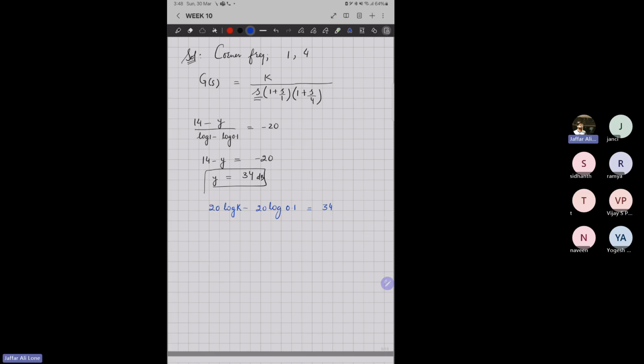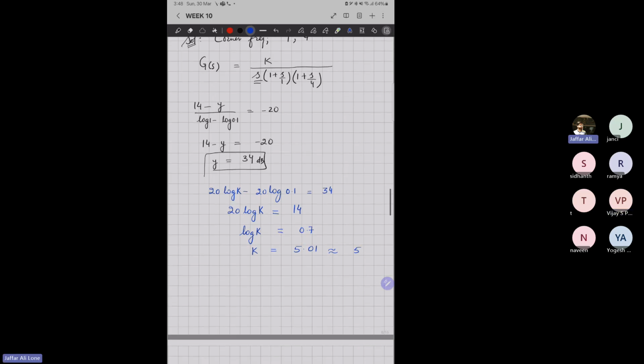So if you solve it, you'll get 20 log of K is equal to 14, log of K as 0.7, K as 5.01, which is equal to 5, right?